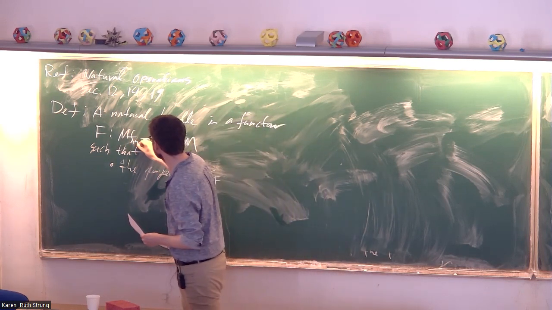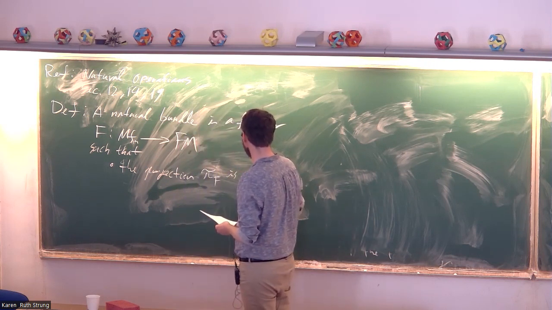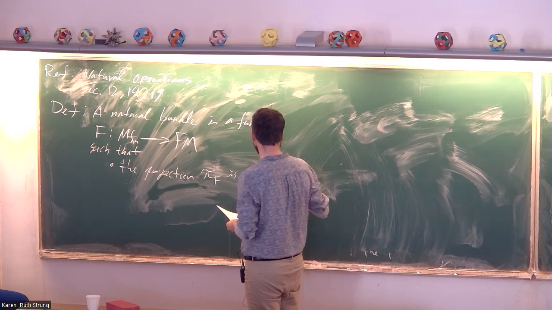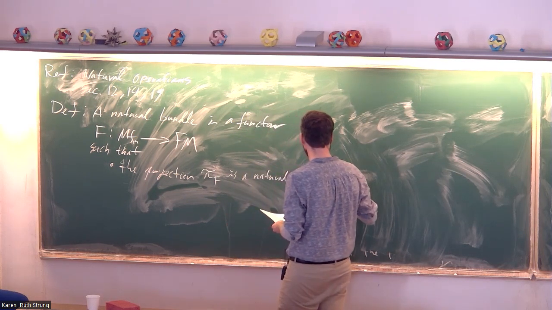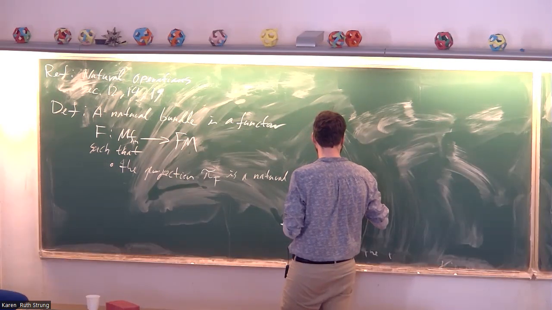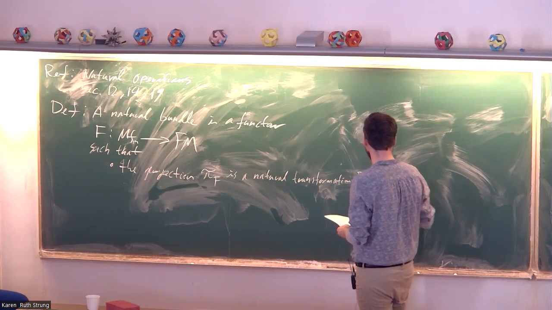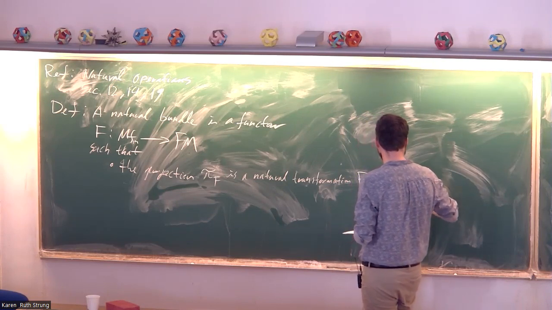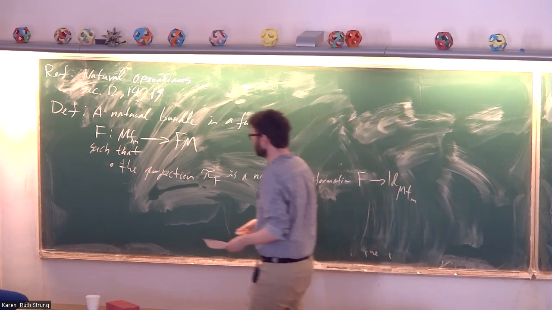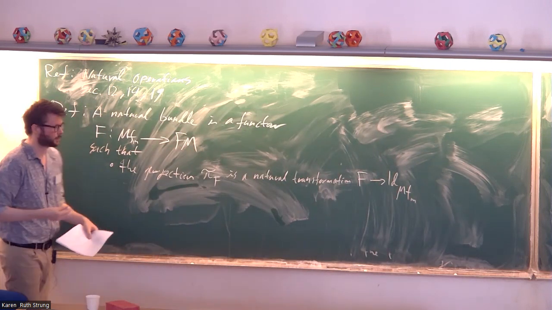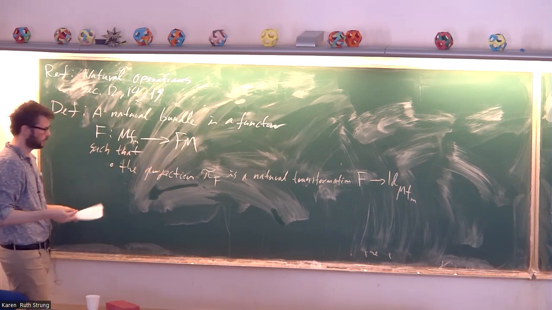And let's say dimension m. So that basically means that you get a fibered manifold over the same manifold that you started with.